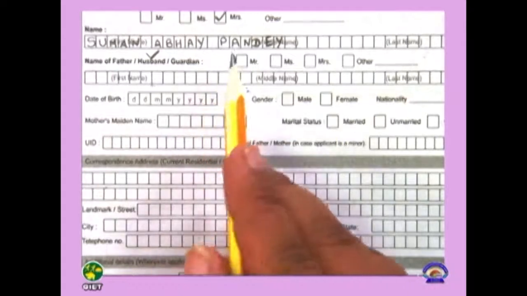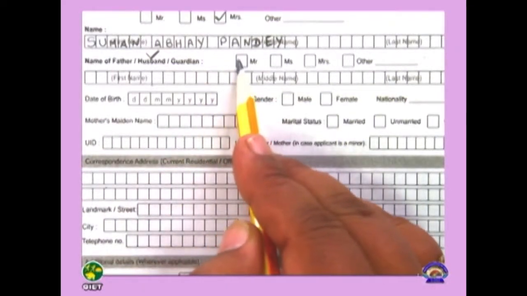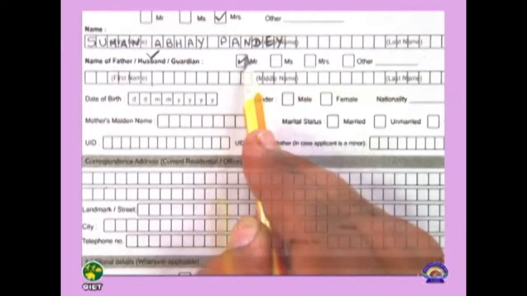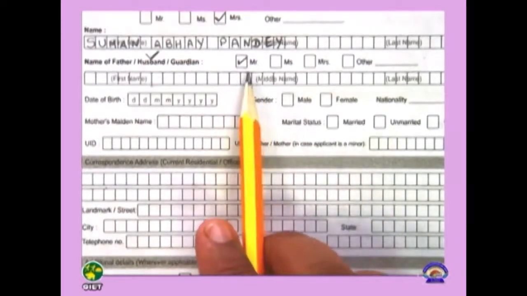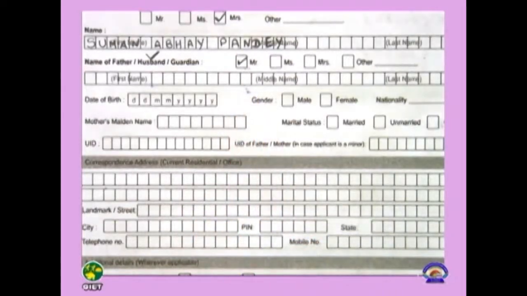So I will tick Mr. Students, I have put a tick mark in the box of Mr. You also put a tick mark in the appropriate box.